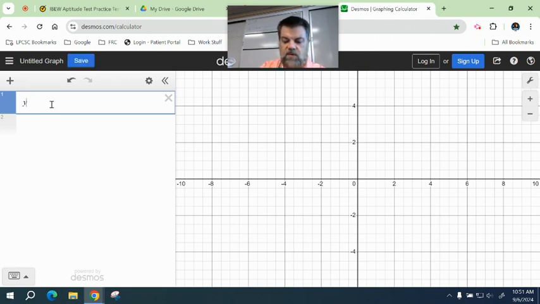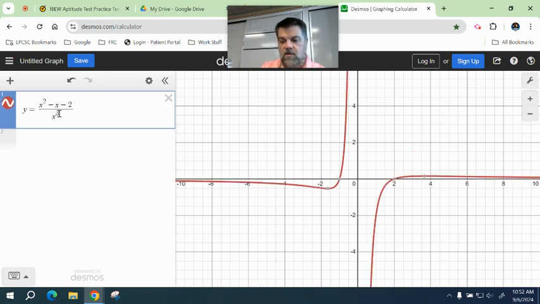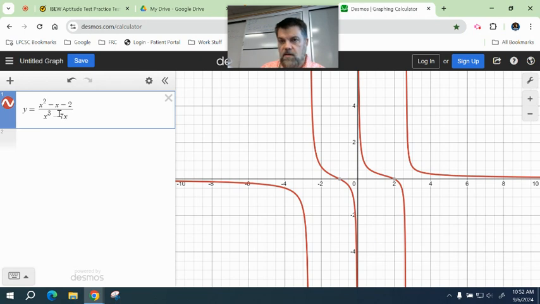We would say y equals, actually we'll just do the division. Up top we've got x squared minus x minus 2, and on the bottom we have x raised to the third power minus 7x plus 6.